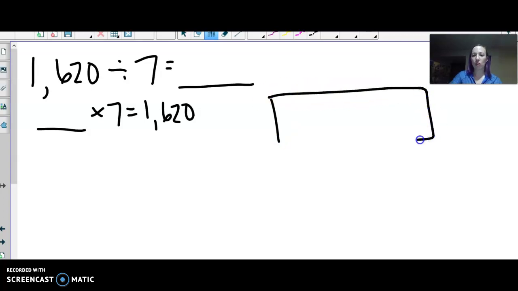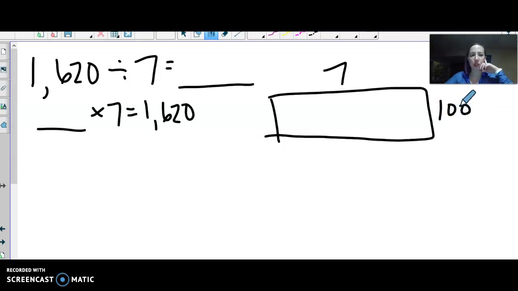So I'm going to try and do, okay, 7 times something will equal 1,620. Now, if I just did 10 groups, that's 70. 70 is pretty far away from 1,620. So instead, I'm going to do 100 groups because I know 100 groups is 700. 7 times 100 is 700.